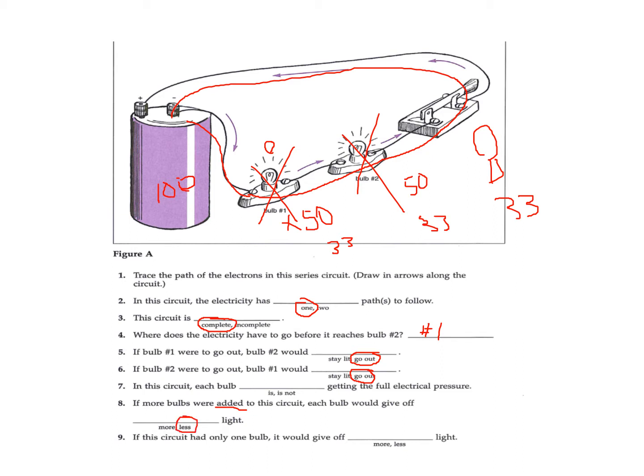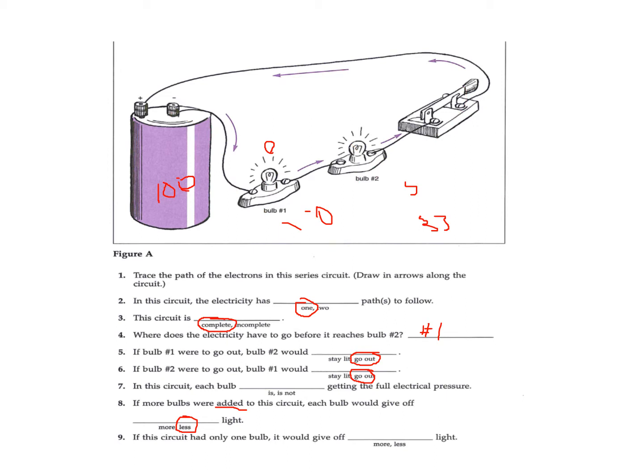Now, if I take all of these out and just simply take this one out and just have one bulb, therefore all the 100 goes here. And if I have 100, then I get more light.